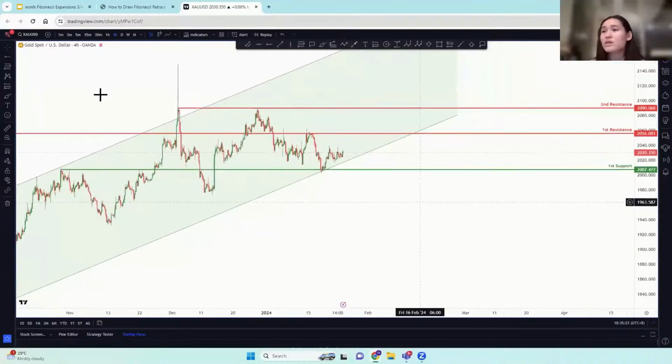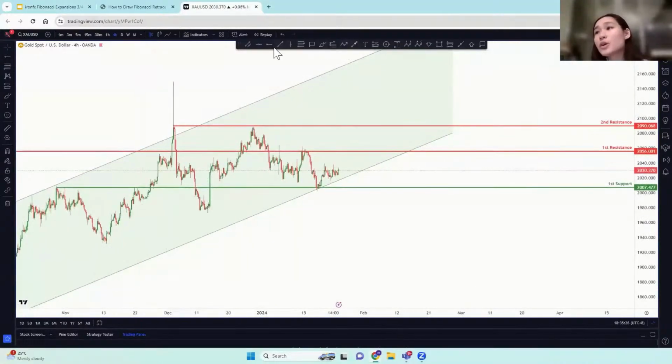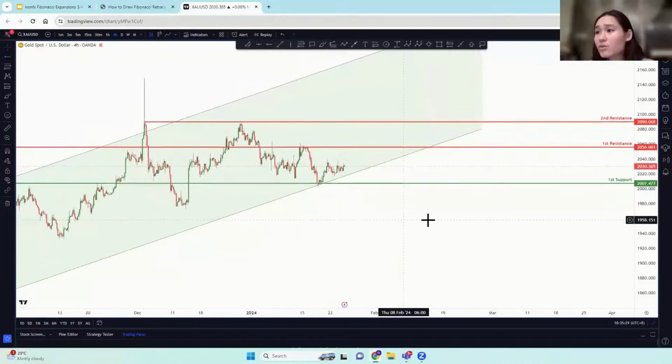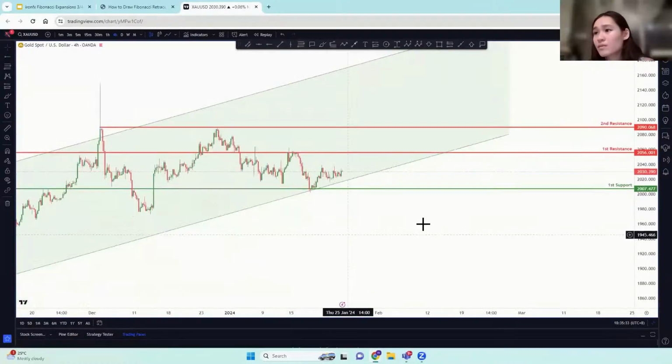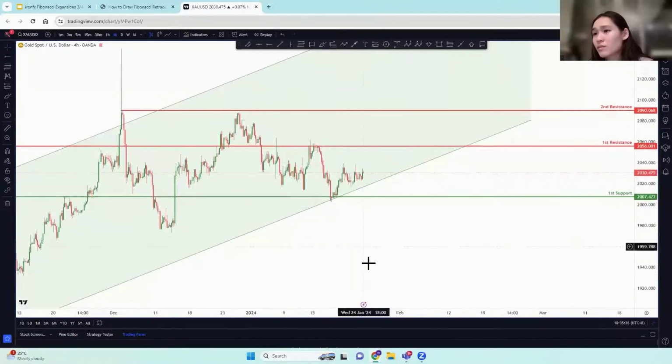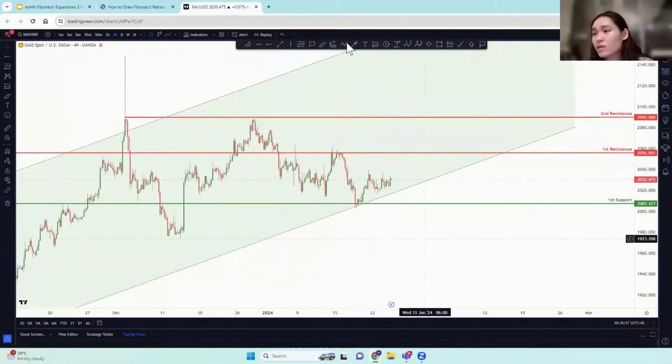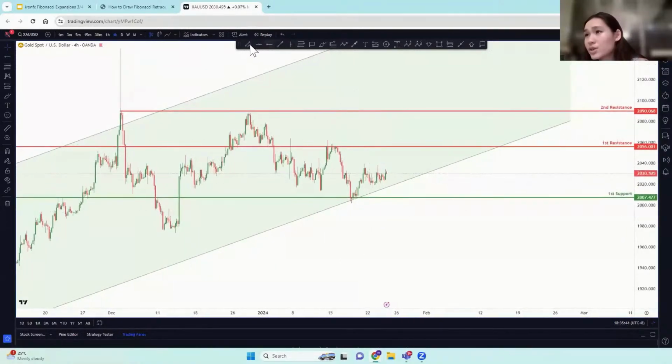Okay. Let's go in with some Fibonacci levels. So starting off, let's go in with a projection.